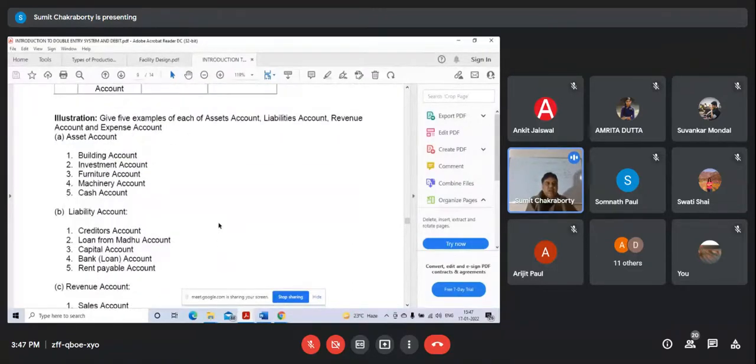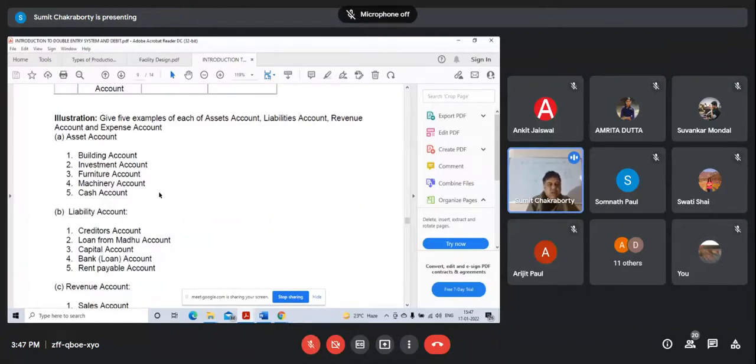Okay, illustration. Give 5 examples of each of asset account, liability account, revenue account, and expense account. Asset accounts are the building account, investment account, furniture account, machinery account, cash account. Can you see the presentation here? The class notes?